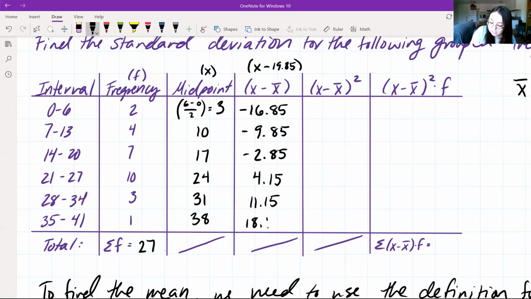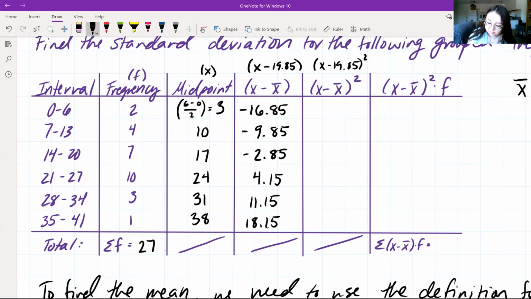It's going to be 18.15. So now we have our deviations. Now remember, we want to take the square of our deviations. So it's going to be x minus 19.85 squared. It's just going to be the values in the column with the deviations, and we're just going to square these numbers.